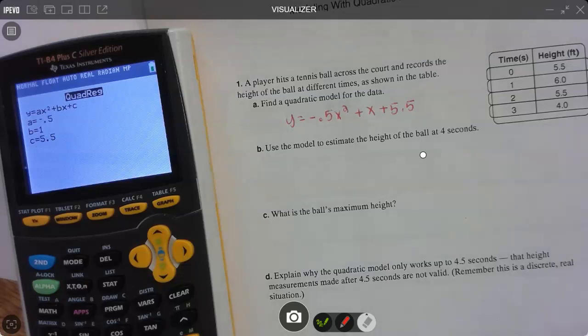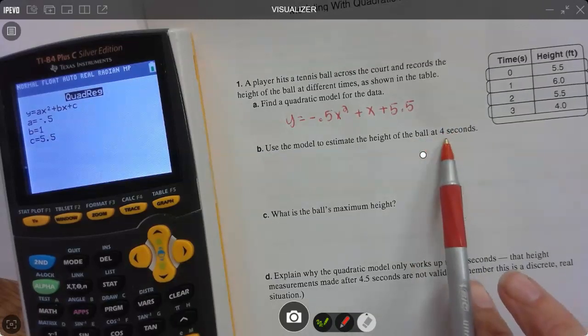Okay, so it says use a model to estimate the height of the ball at 4 seconds.